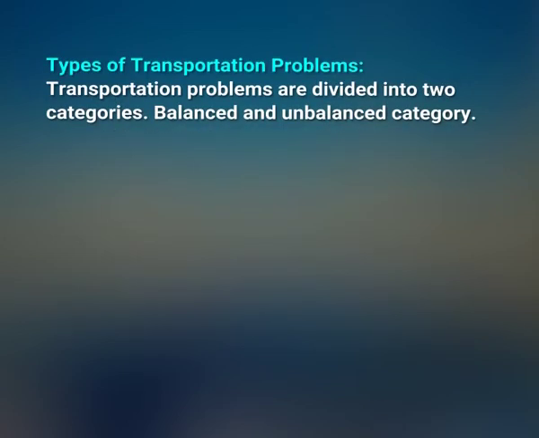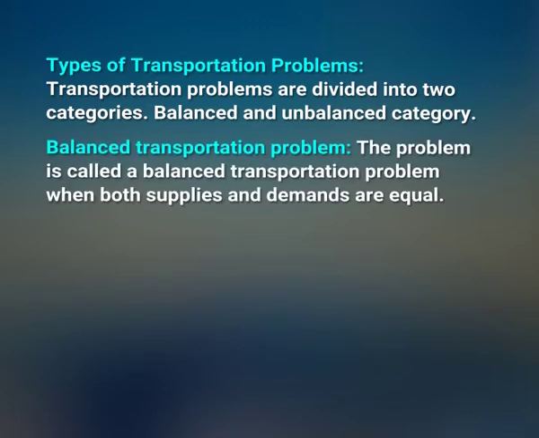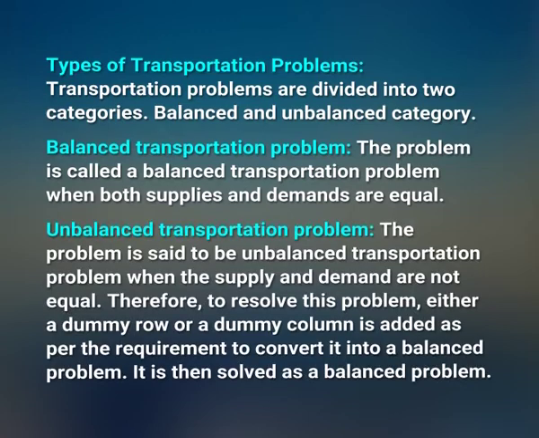Types of transportation problems. Transportation problems are divided into two categories: balanced and unbalanced. Balanced transportation problem: the problem is called a balanced transportation problem when both supplies and demands are equal. Unbalanced transportation problem: the problem is said to be unbalanced when the supply and demand are not equal.